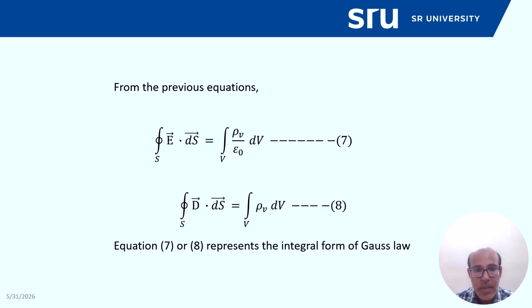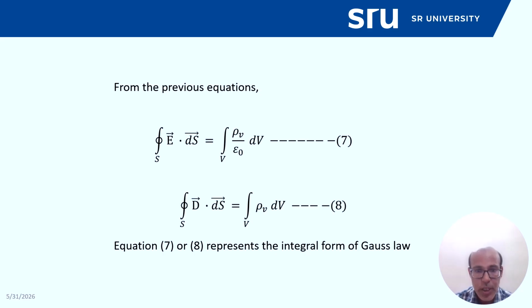Now if you observe, that's what is written: integral E dS. If you cross multiply epsilon naught to the other side, E becomes D. If you don't cross multiply, this is the main equation we have. So integral rho V by epsilon naught.